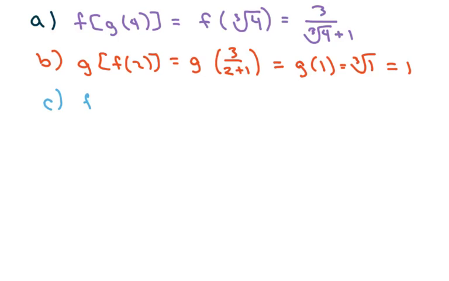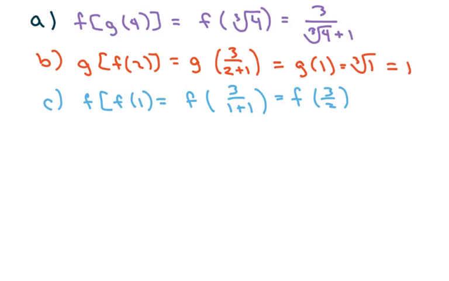We're going to find f of f of 1, which equals f of 3 over 1 plus 1, which equals f of 3 halves, which equals 3 over 3 halves plus 1, which equals 3 over 3 halves plus 2 halves, which equals 3 over 5 halves.